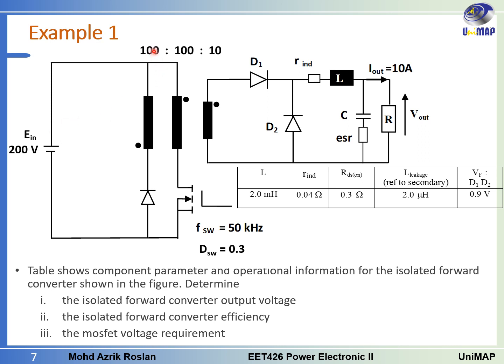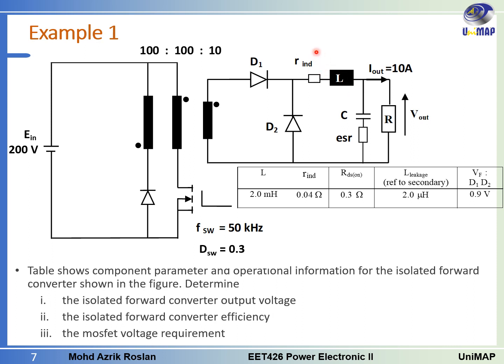And we have the turn ratio of the reset winding, the primary winding, and the secondary winding. So the ratio is 100 to 100 to 10. Then we have the first diode and the second diode.